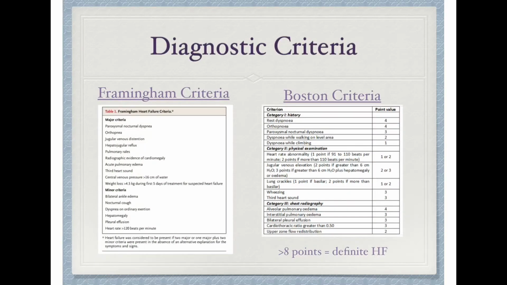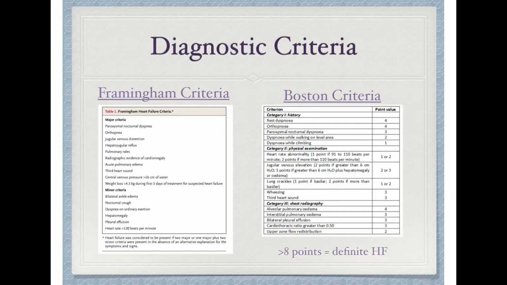Thankfully, there are validated clinical criteria for making a diagnosis of heart failure. These include the Framingham criteria and the Boston criteria, both of which rely on physical exam and history features to give a likelihood of a patient having heart failure.